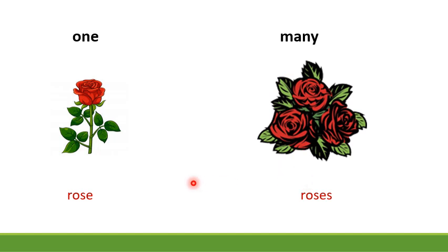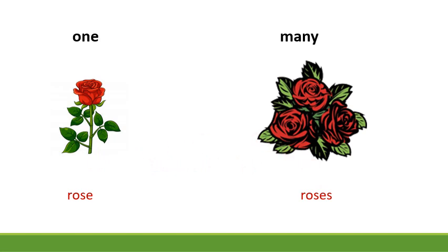See the spelling of the rose. R-O-S-E, rose. And here, see the spelling of roses. Here we are going to add S to the end of the word, right? So, one rose, R-O-S-E, rose. And many roses, R-O-S-E-S. So, understood? One and many.